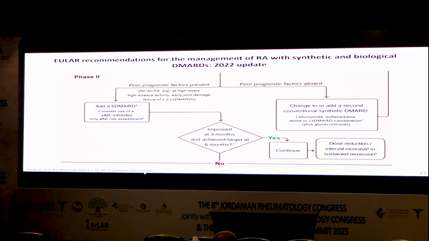If the patient improved at 3 months by 50% and achieved the target at 6 months, we can continue with dose reduction or interval increase in sustained remission. If there is no response, we can pass to phase 3.